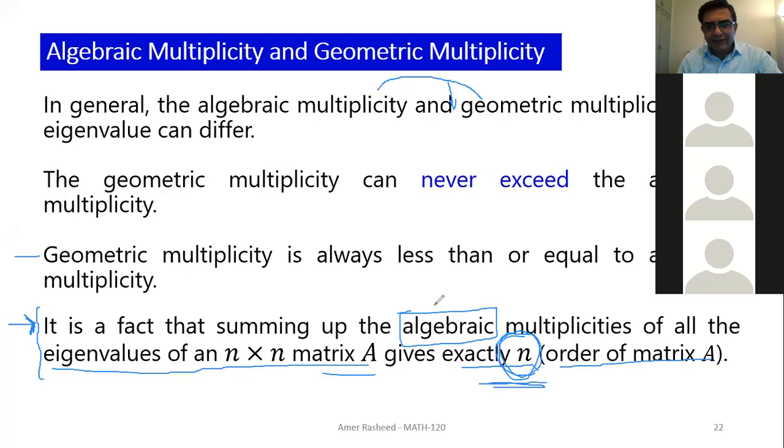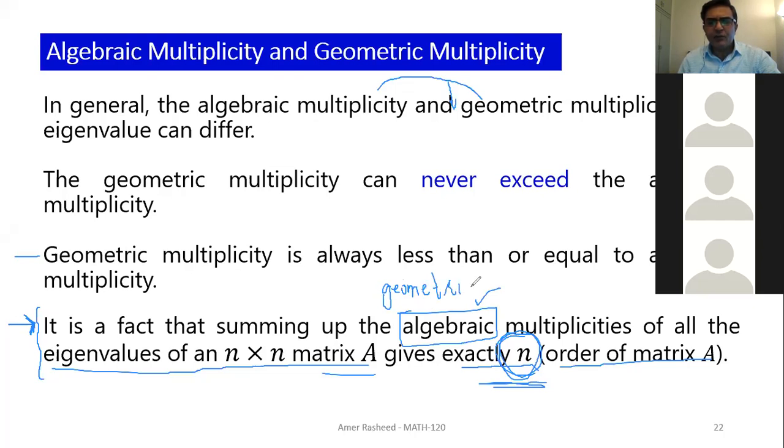I have made a mistake here, algebraic. It should not be algebraic. It should be geometric. It's a typo mistake. Geometric multiplicity.